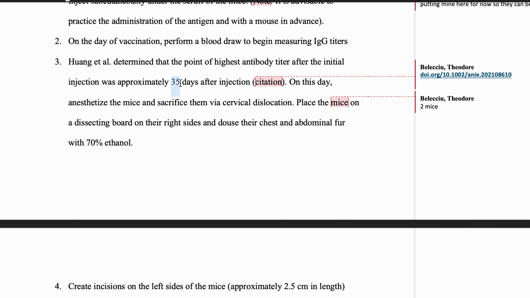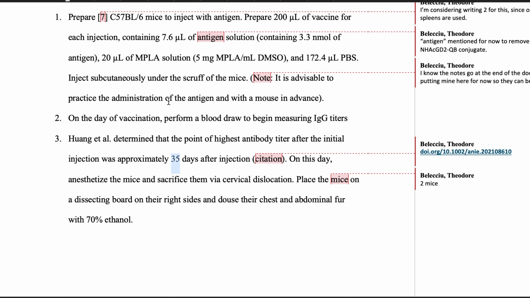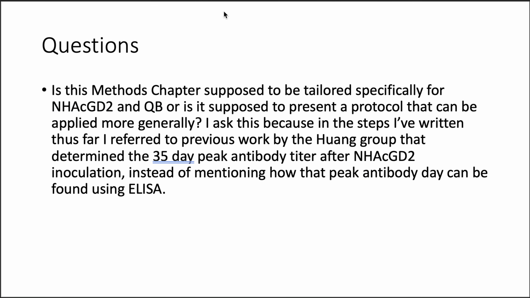So that's why I'm asking this. Is this supposed to be more generally applicable or specific for 9-NHA-CGD2 and Q beta? So yeah, I guess that's the main schematically based question that I have.